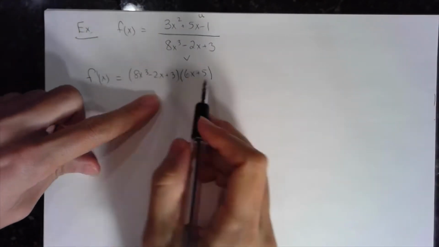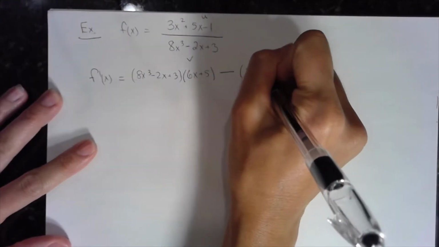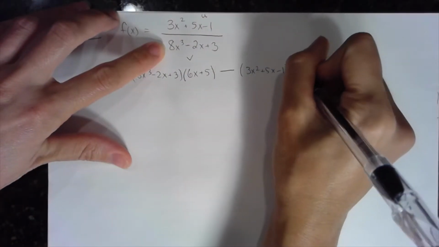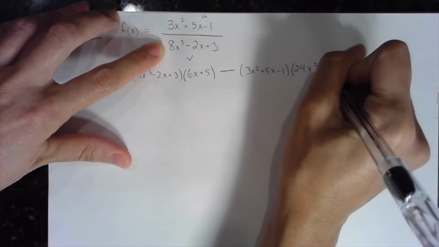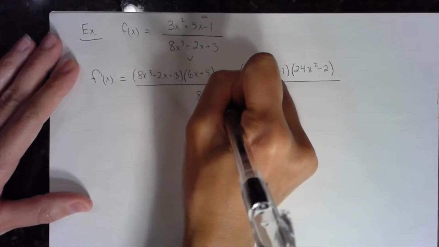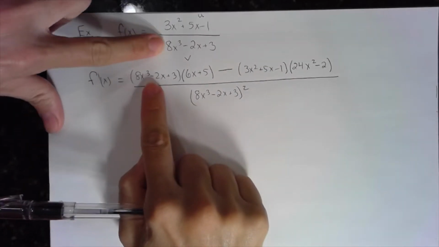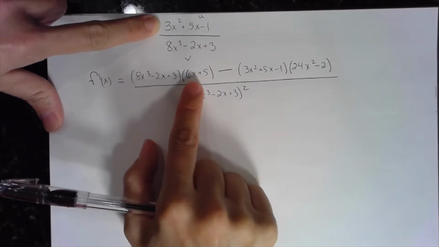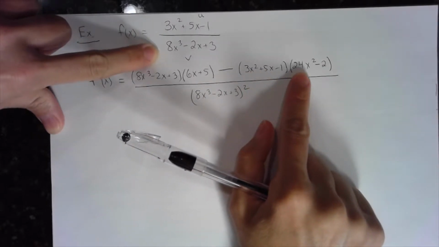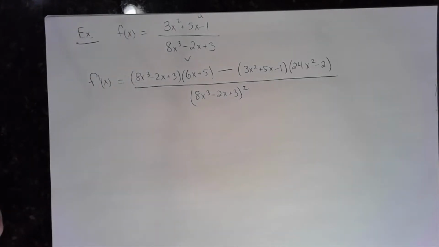The bottom times the derivative of the top minus the top, copy it down, times the derivative of the bottom, which is 24x squared minus 2, all over the bottom, just copy it down, squared. The bottom times the derivative of the top minus the top times the derivative of the bottom, all over the bottom squared. So it looks good to me, and now I have to simplify.